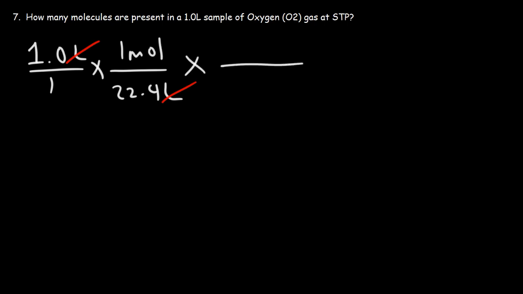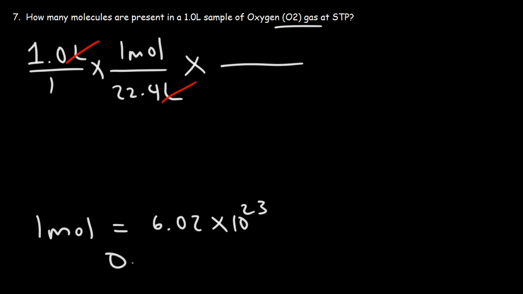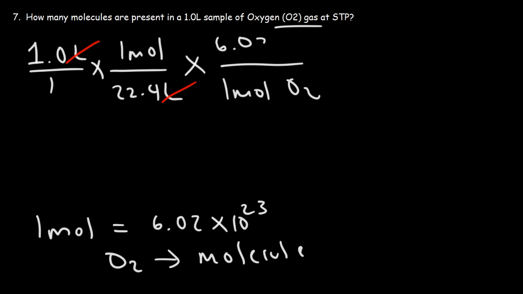Now, how can we convert from moles to molecules? You need to be familiar with Avogadro's number. 1 mole is equal to 6.02 times 10 to the 23. And since we're dealing with 1 liter of oxygen gas, O2 is a molecule. So right now we have moles of O2. So 1 mole of O2 is equal to 6.02 times 10 to the 23 molecules of O2.